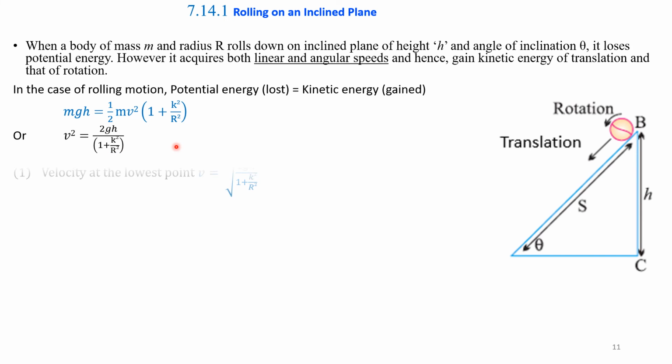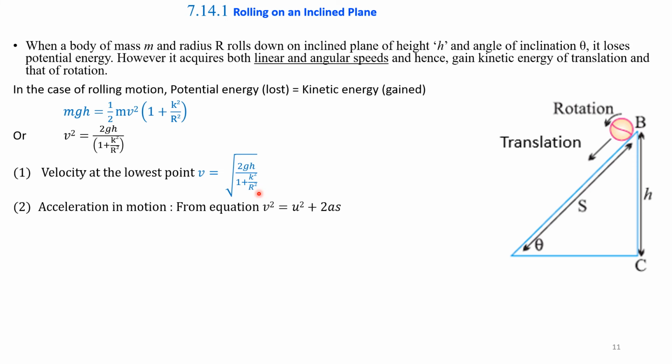And velocity can be expressed at the lowest point, that is at the point A. A is not written here, but while copying you can write it as A. At the lowest point, v = square root of 2gh divided by (1 + k²/R²).